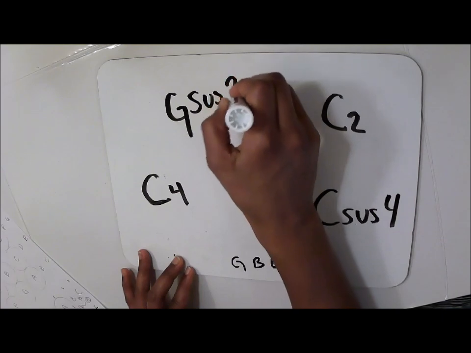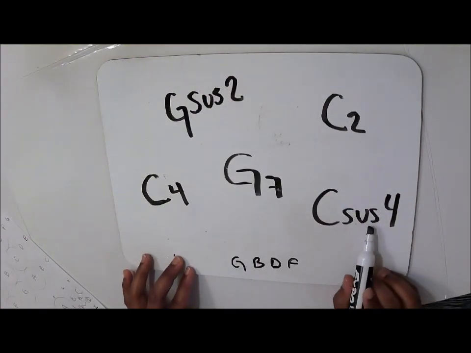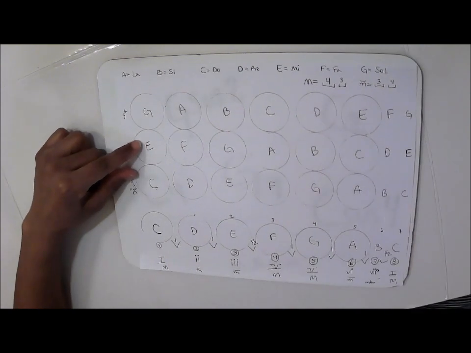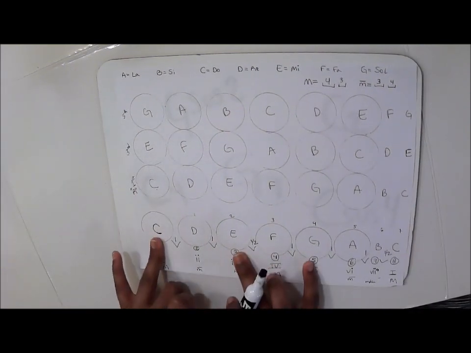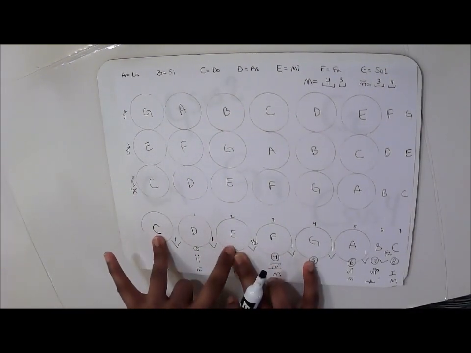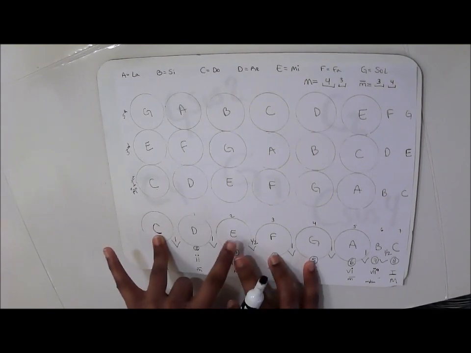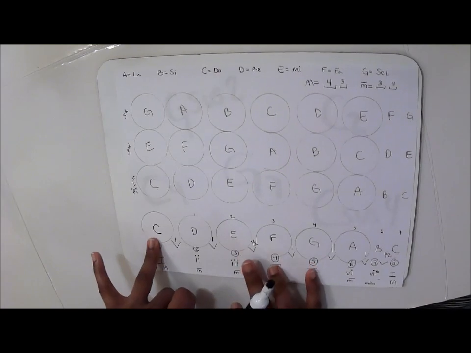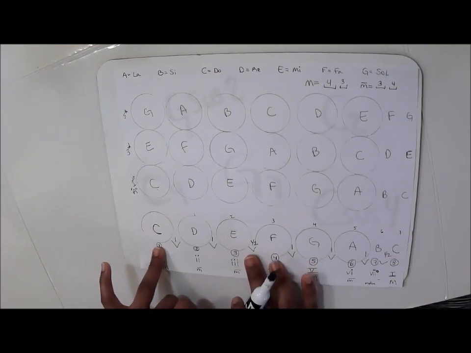That means substitute the third. This is my chord. Substitute the third and play the 4. So skip that one and just play C, F, and G. In this case, my 1, 4, and 5. So that's the purpose of these numbers.